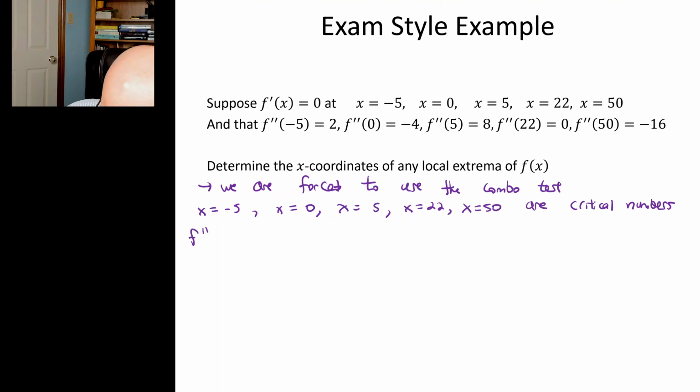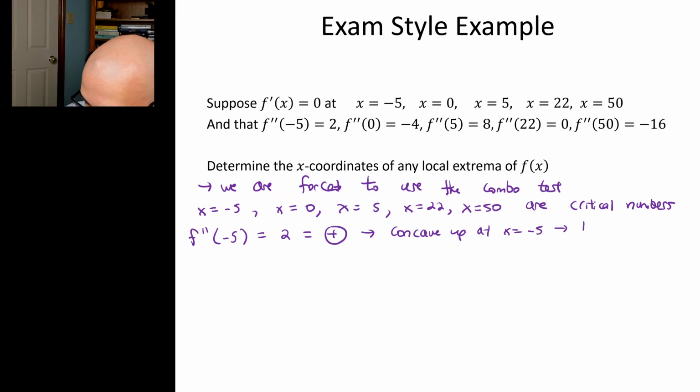F double prime at -5 equals 2 is positive. That means concave up at x equals -5, and that means local min at x equals -5.